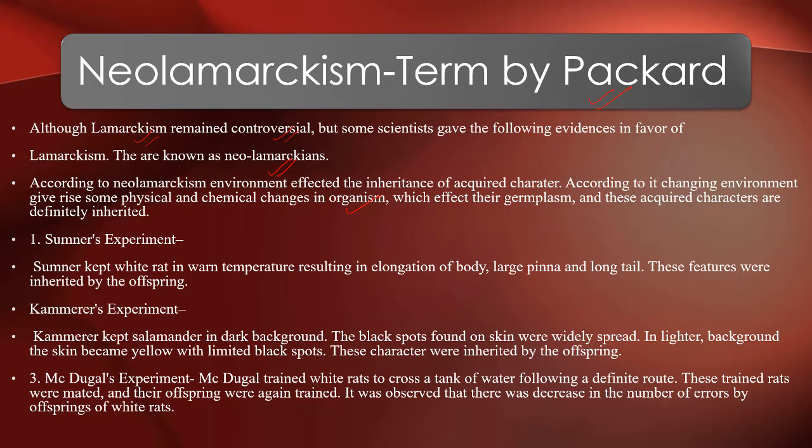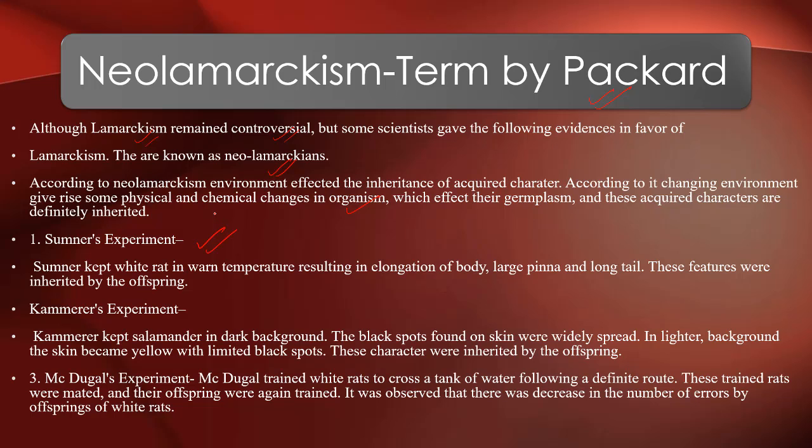And if we are adapting that change, it will definitely be transmitted from our generation to the coming generation of ours. So according to neo-Lamarckism, environment affects the inheritance of acquired characters, and a changing environment gives rise to some physical and chemical changes in organisms which affect their germplasm, and those acquired characters are definitely inherited.